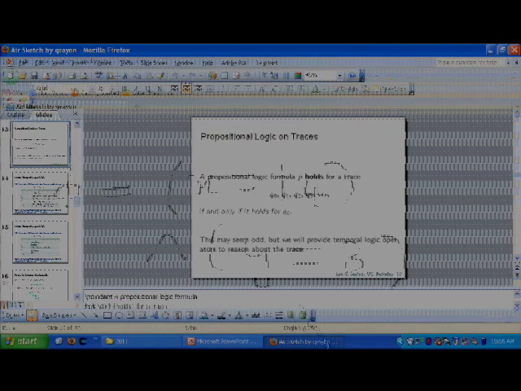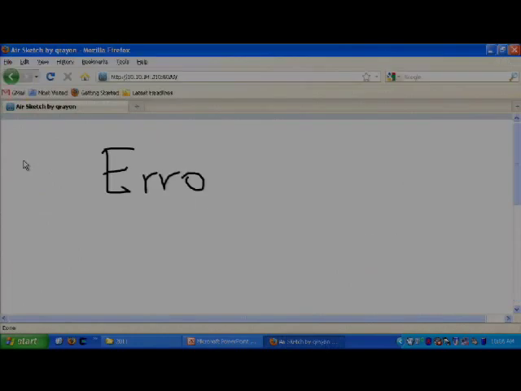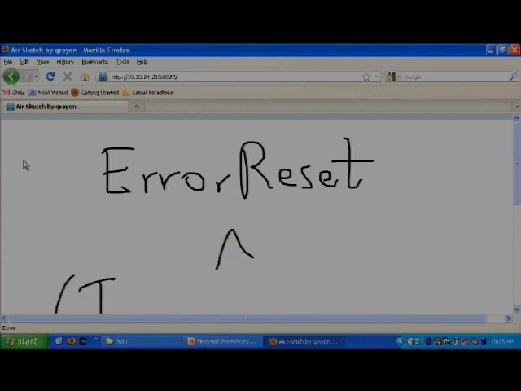And let's say I wanted to say, okay, the control part of the space wire module is in error reset state, and the state of the transmitter is also in the reset state. So let's say you make up a name for the transmitter state, let's say TX reset, and you can construct a formula which says that at the current moment, the control state machine is in error reset and the transmitter is in its own reset.